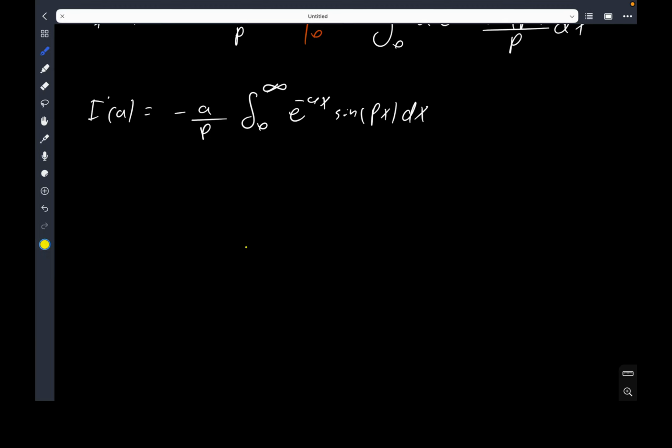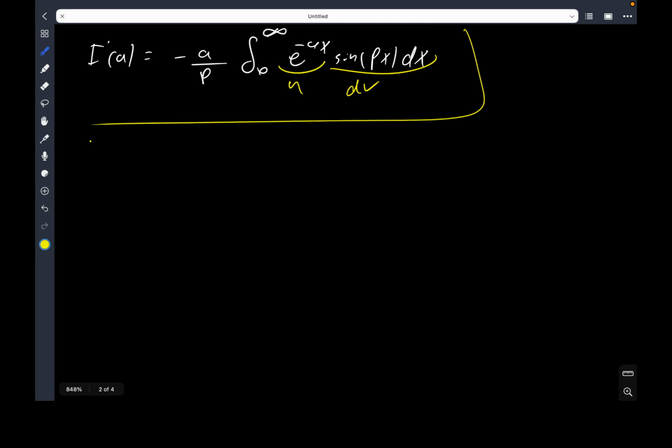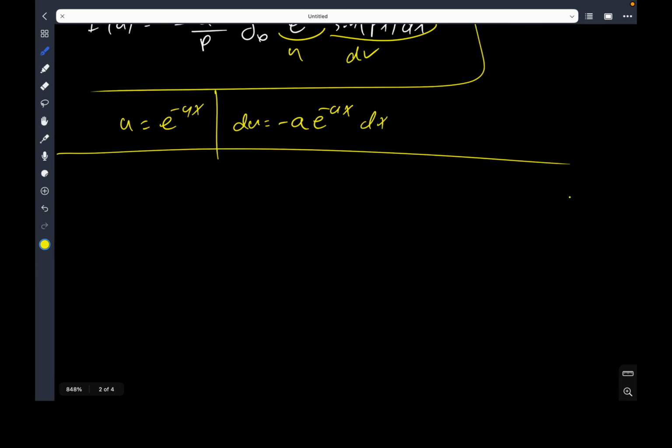The integral here, I'm going to use integration by parts again. I'm going to say u equals e to the negative ax, and du is negative a e to the negative ax dx. I'm going to say dv equals sine of px dx, and v is negative cosine of px over p.